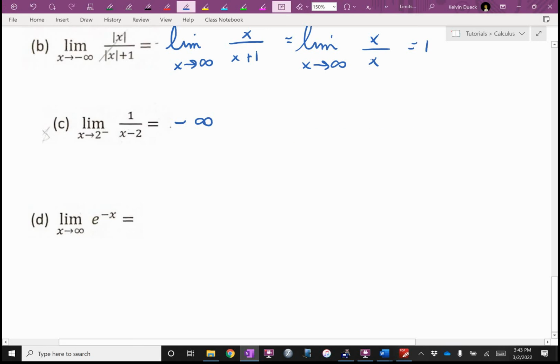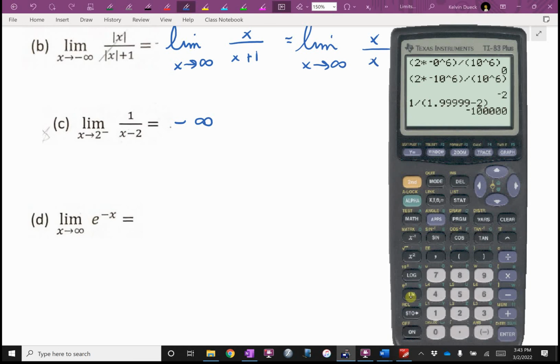But what if you don't know what the graph looks like? That's a good question. What can I stick in as my analog or my temporary substitute for infinity? 1,000,000? Sure. Ooh, where's my e to the button on my calculator? So everybody get your calculator out, please.